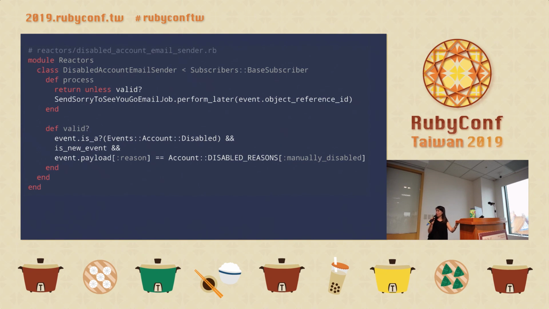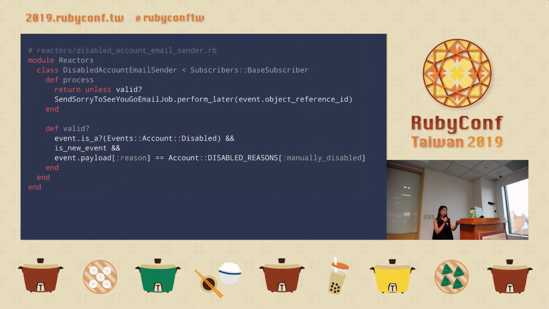Okay, so let's look at one of the examples of one of the subscribers in our system: the disabled account email sender, which handles sending out that email if a user deactivated their account manually. You can see that it defines what kinds of events it listens to, if it cares about new events only, maybe it looks at some of the metadata associated with the event, and then it kicks off whatever work needs to be done.